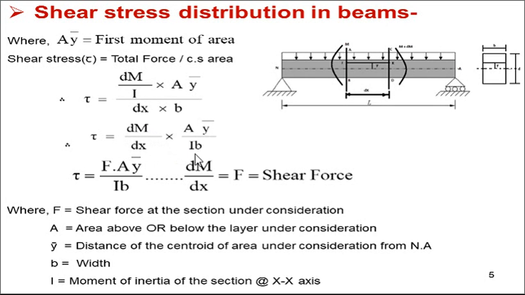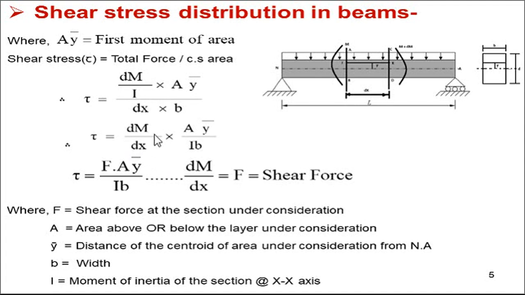Now remember one of the relations we studied in the bending moment and shear force unit, unit number 2: the rate of change of bending moment gives the shear force, and the rate of change of shear force gives the loading.